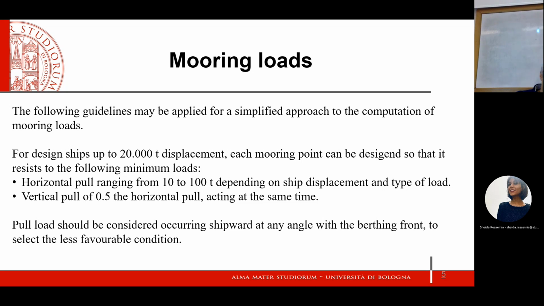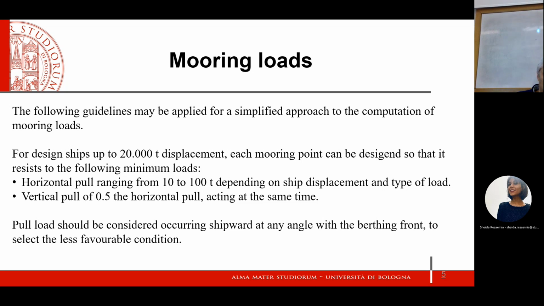tonnage and the size of the ships which may use it. Of course, a touristic port is very different from a cargo port, because the tonnage and the size of the ships is different.